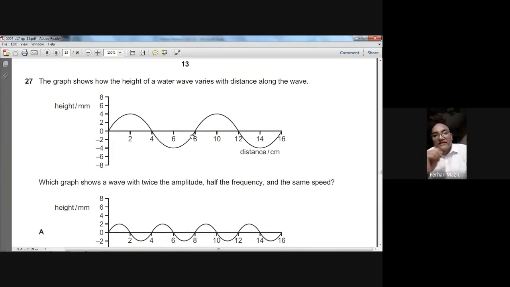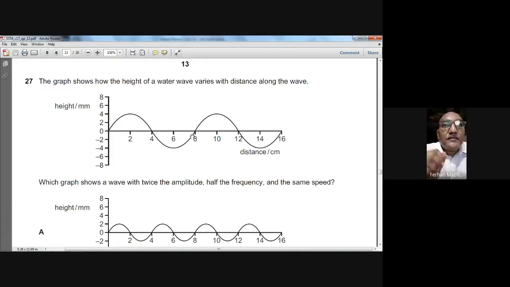He says half the frequency. Half the frequency means on this display, suppose we have two waves. But the important thing is that the speed remains the same.